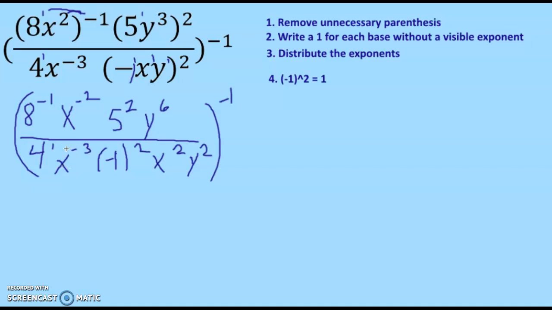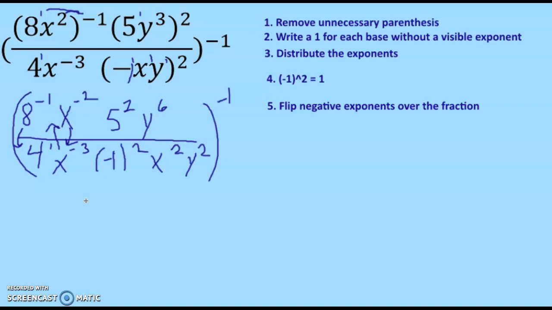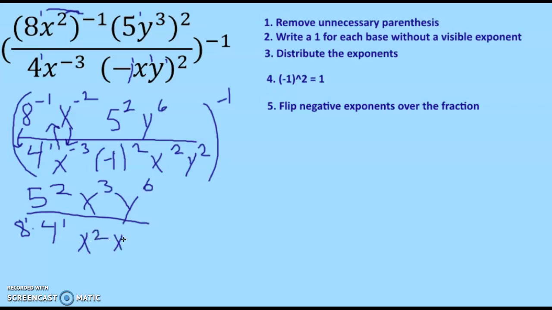Let's flip all the negative exponents over the fraction. So that's going to go up there, that's going to go down there. So let's rewrite it after that. So we have 5 to the second power times x to the third power times y to the 6th power, all over 8 to the first power times 4 to the first power times x to the second power times x to the second power times y to the second power, all raised to the negative first power.